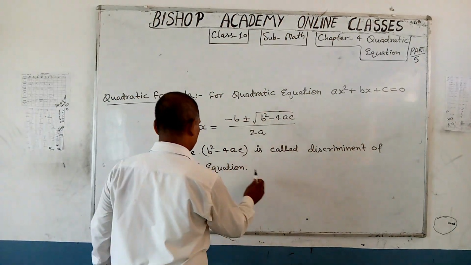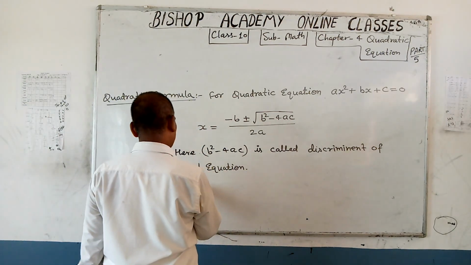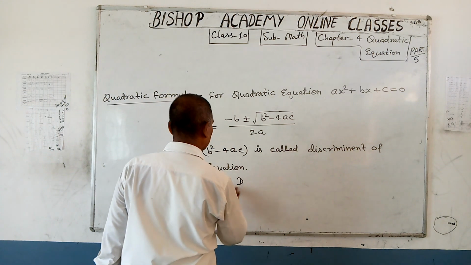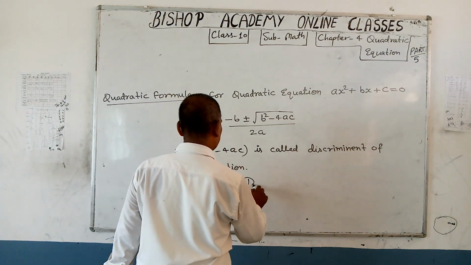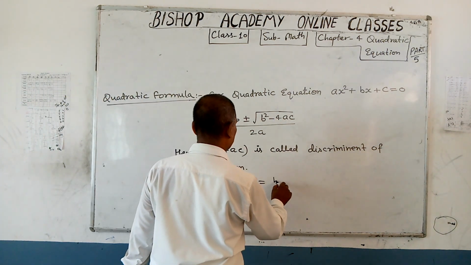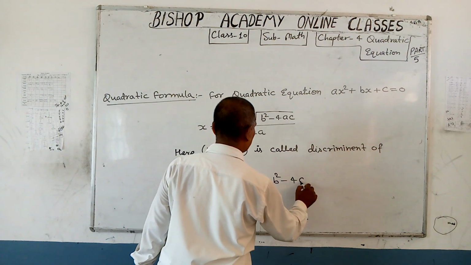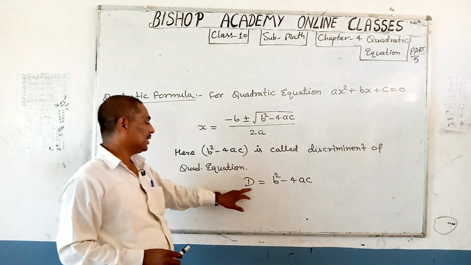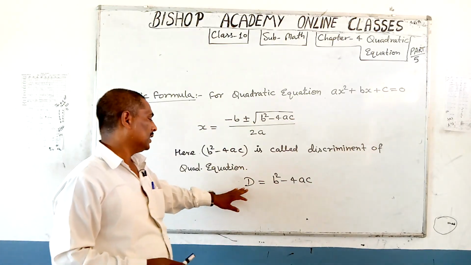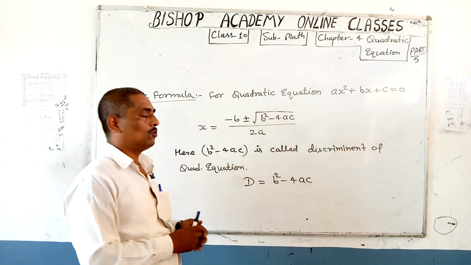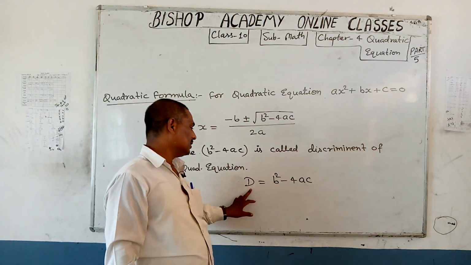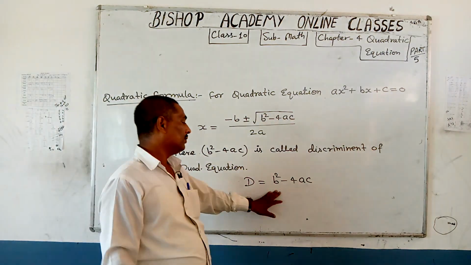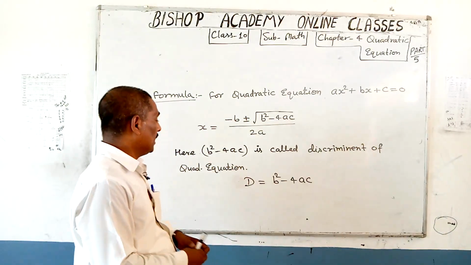This discriminant is represented by capital letter D. So you can write D is equal to b square minus 4ac, the discriminant of the quadratic equation.